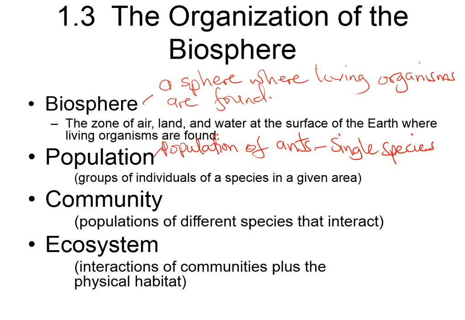Now, when you combine different species, that is no longer population. That becomes a community. So you can say this is a community of ants, people, and birds.